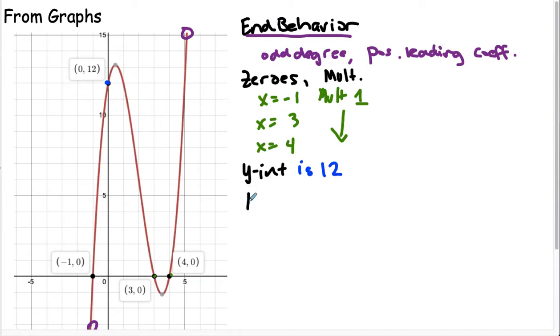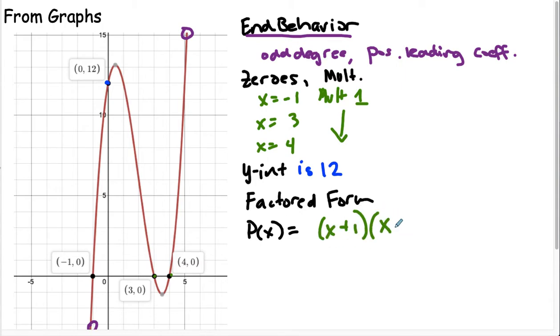Okay, that's all the information you need. Now you're ready to write it out in factored form. This is a little easy to see because you know your zeros and the multiplicity is just 1. So you can assume that p of x is equal to, in factored form, x plus 1, then x minus 3 for the zero at x equals 3, and then x minus 4.